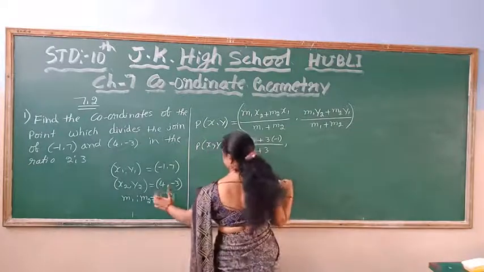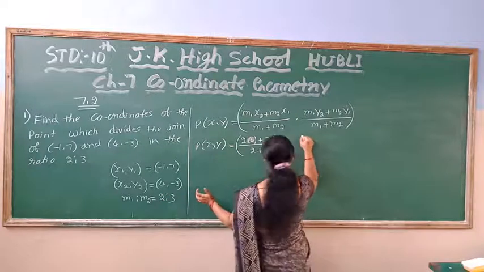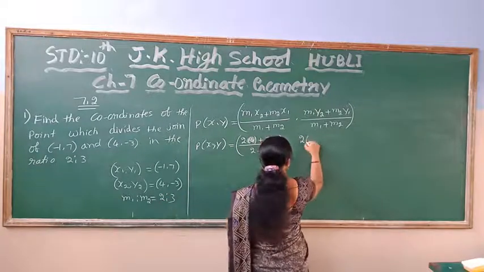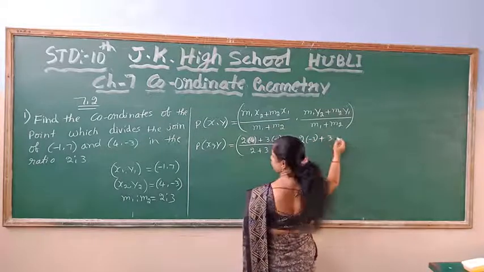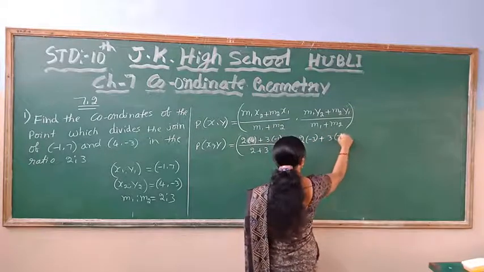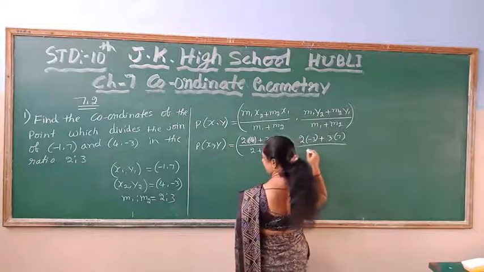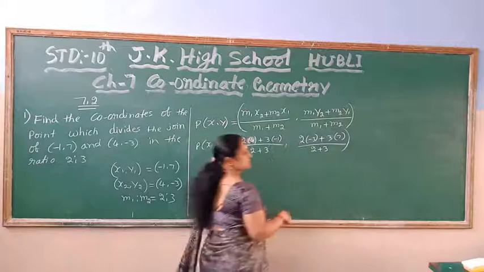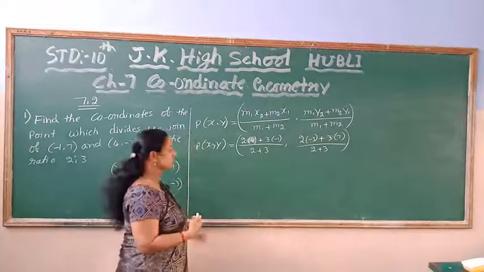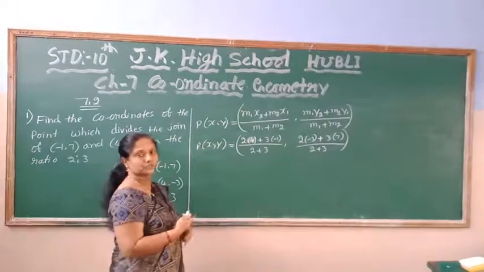Then m1 y2: m1 value is 2, y2 value is -3, plus m2 is 3 into y1, which is 7, divided by m1 plus m2 means 2 plus 3. Substitute and simplify with the coordinates of the point which is divided in the ratio 2:3, children.